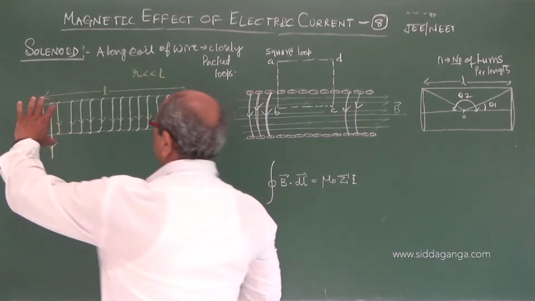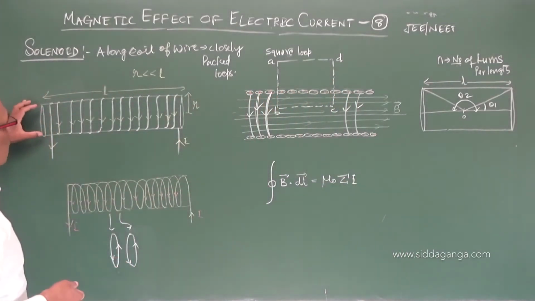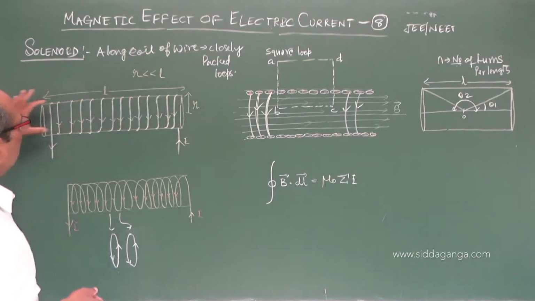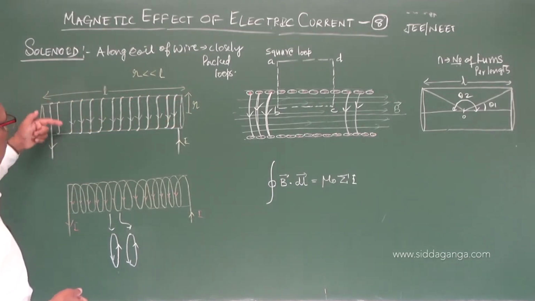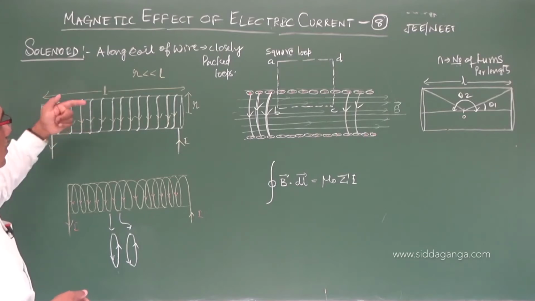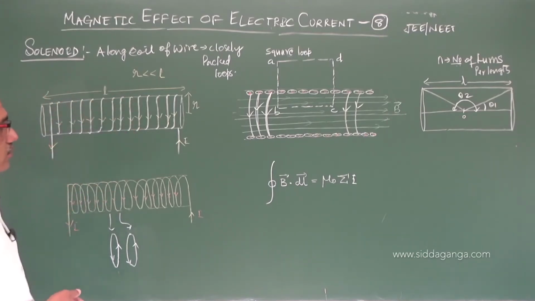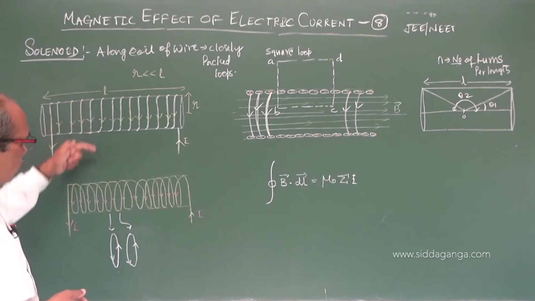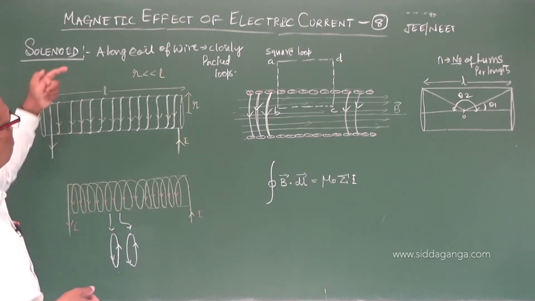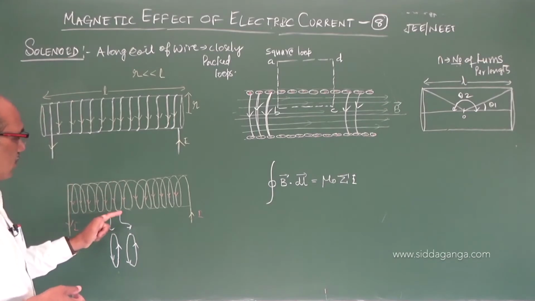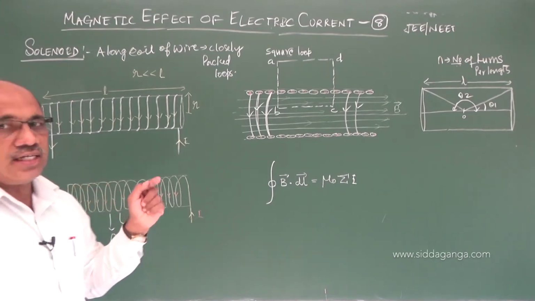So how is this? There is a hollow ring on which we have closely wound insulated thin copper wire which can carry the current. Each loop of the solenoid behaves like a tiny magnetic dipole.